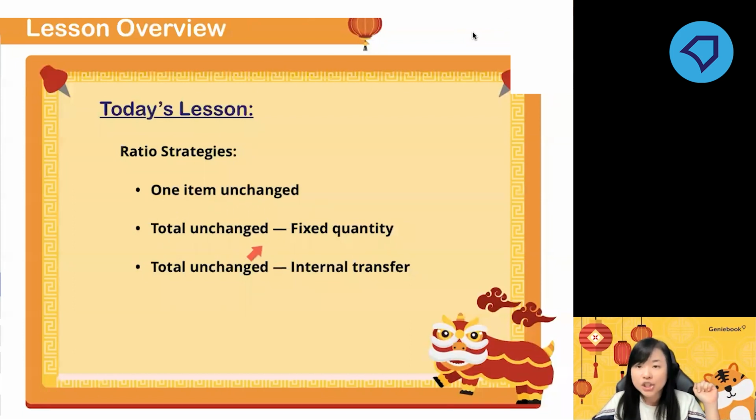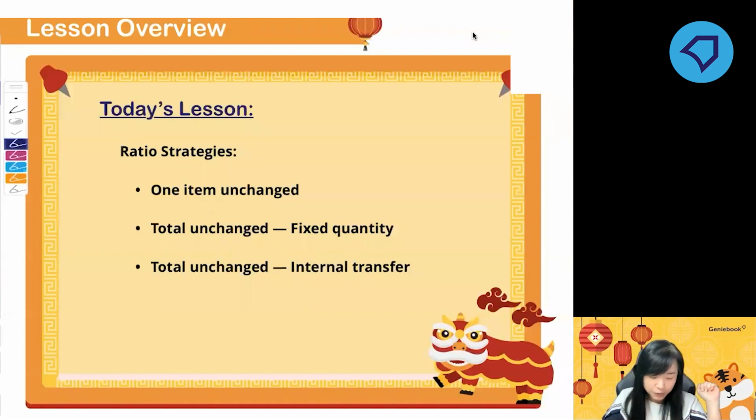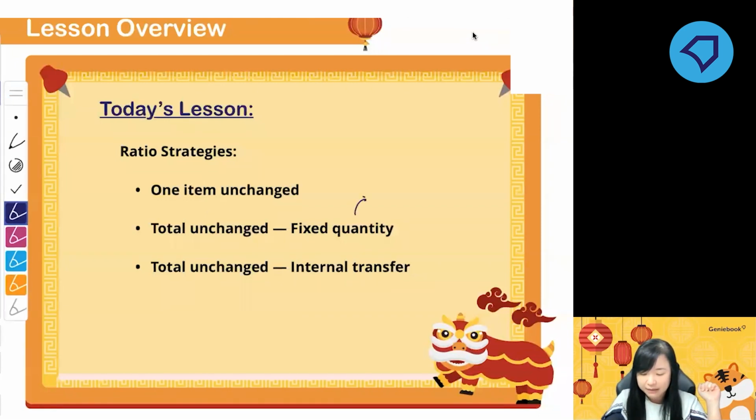Next one for total unchanged, if it's a fixed quantity. What do we mean by fixed quantity? A few examples could be total cost of a present, a shared present. We can also have total number of pages in a book, and so on and so forth.